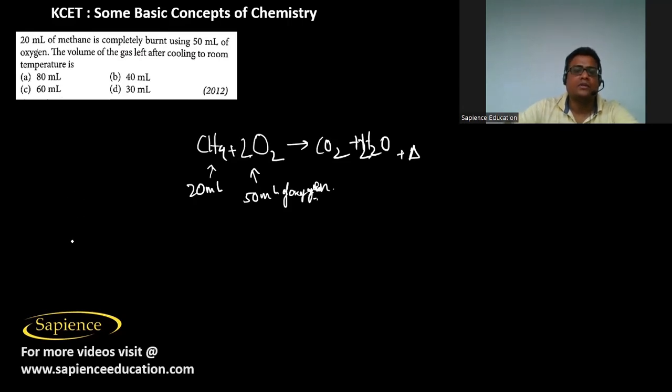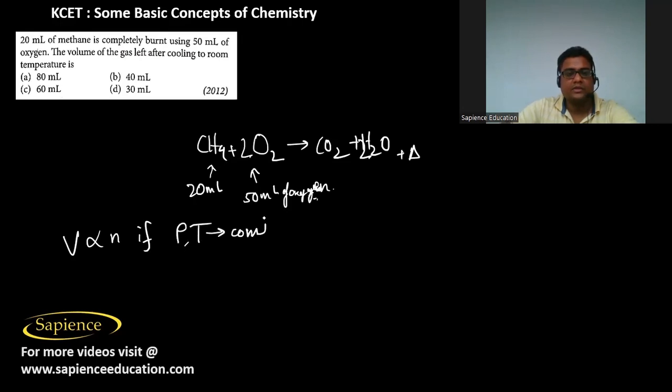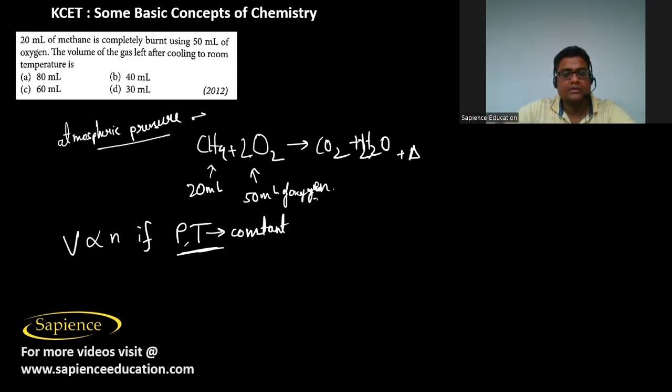So we know that the volume is proportional to the number of moles n if the pressure and the temperature are kept constant. Most reactions are carried out in an open container where atmospheric pressure is acting. So the atmospheric pressure is constant only.